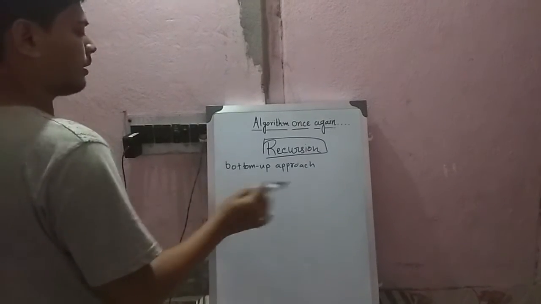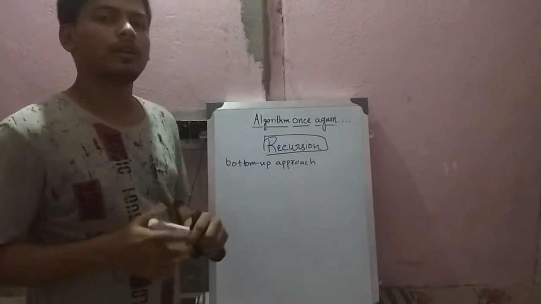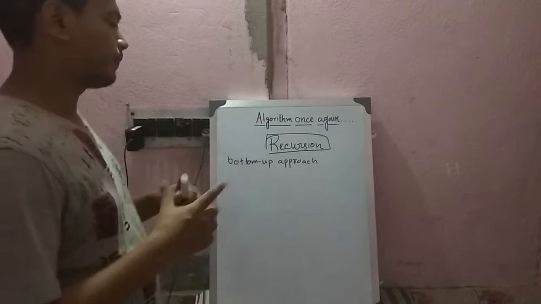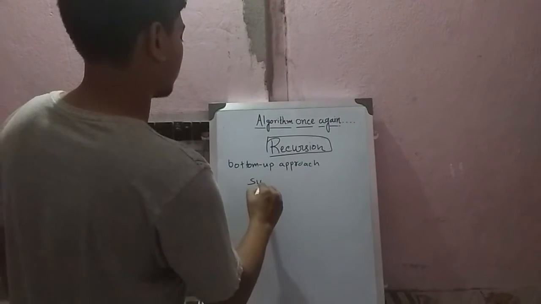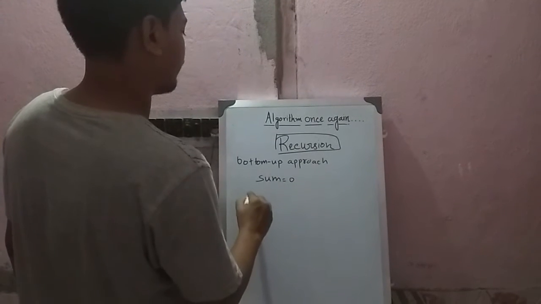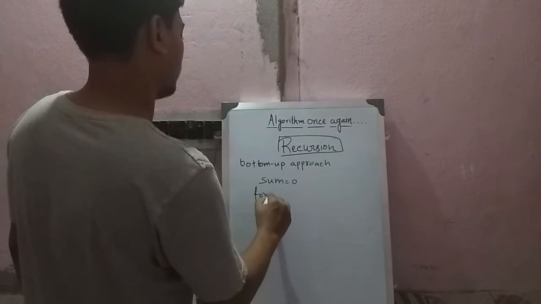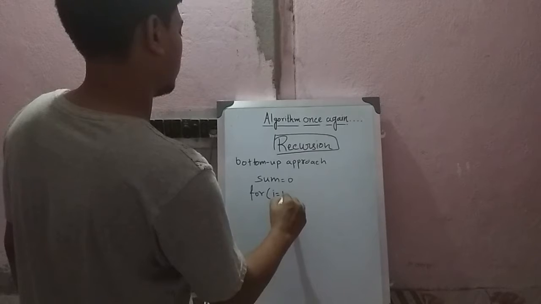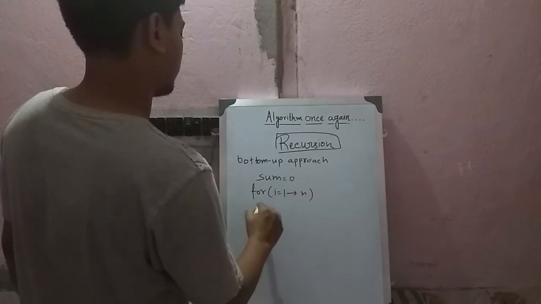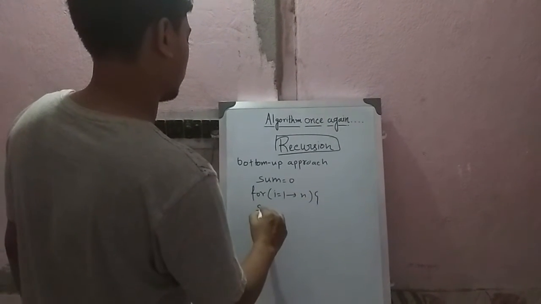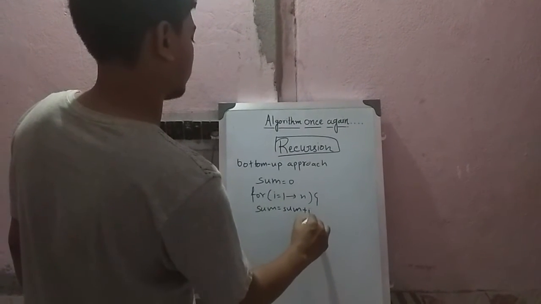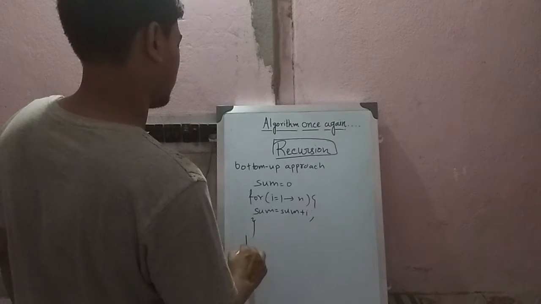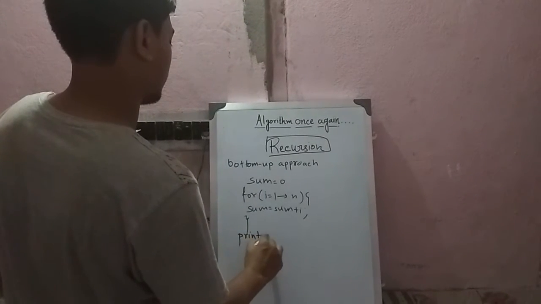Let's take a code. Let's find the sum of n natural numbers. So what do you use? Let's take a variable sum equal to 0, then take the loop for i equal to 1 to n, and sum equals sum plus i, and then at the end you print the sum.